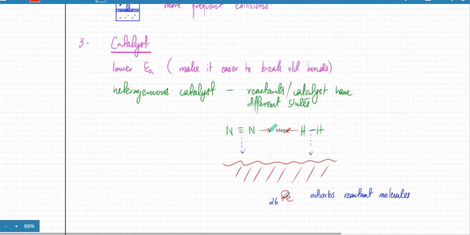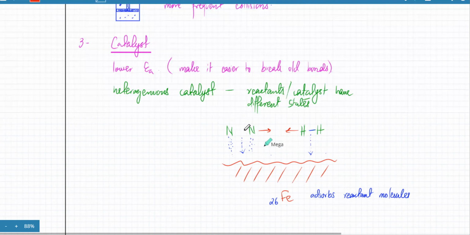And what that would do is the electrons in the triple bond would eventually get pulled towards the iron catalyst. So the electrons were previously being shared by the two nitrogen atoms, but what the iron did was slightly start pulling the electrons towards itself, very weakly, not very strongly. And as a result, the triple bond weakened.